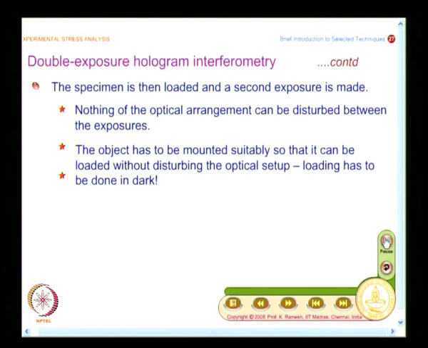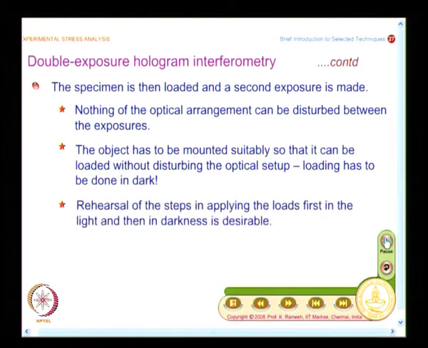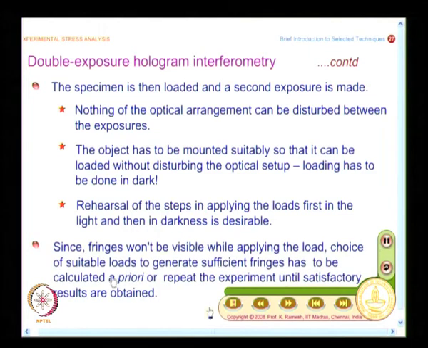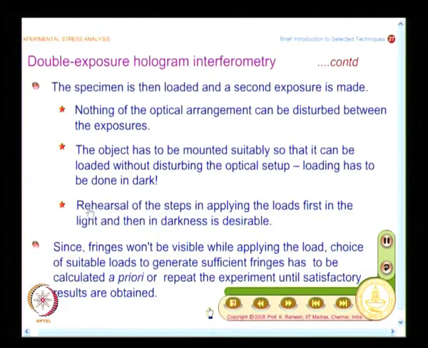The other difficult point here is, since you do not know a priori how the fringes are formed, you will have to have appropriate calculation to find out the extent of load that you should apply. What is advised is that you do a rehearsal of the steps in applying the loads, first in the light and then in darkness.